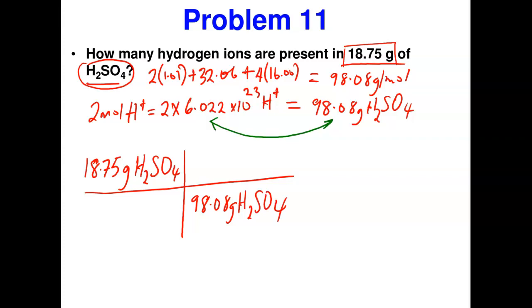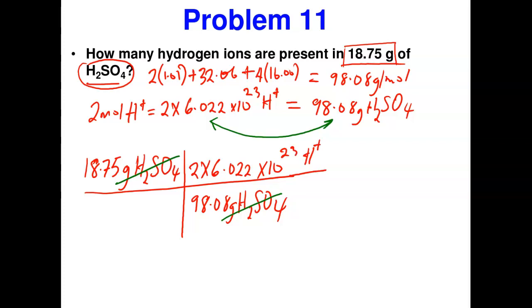Let's just cancel first to make it easier. Grams of H2SO4 goes away with grams of H2SO4. And then we now have our 2 times 6.022 times 10 to the power of 23 hydrogen ions.